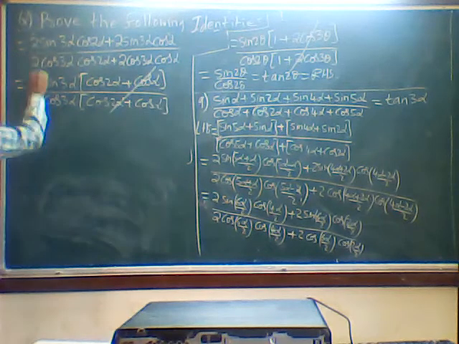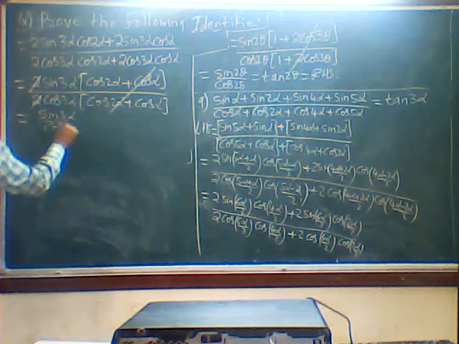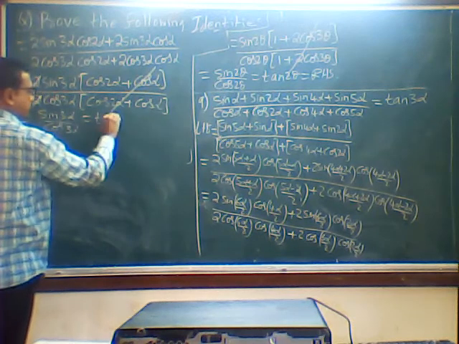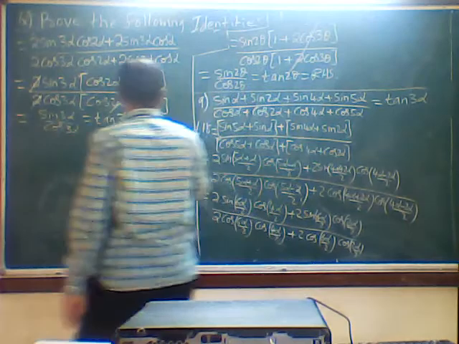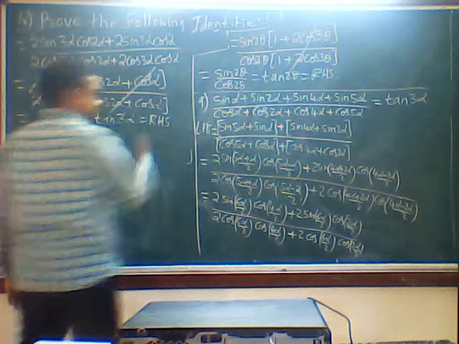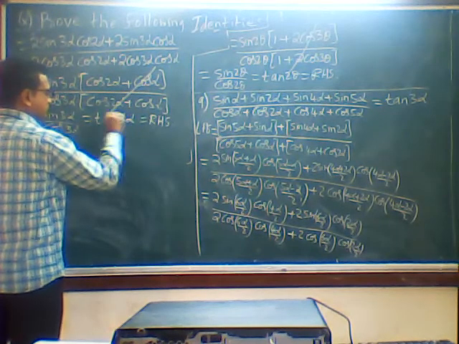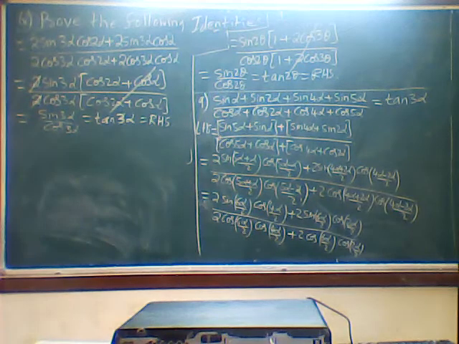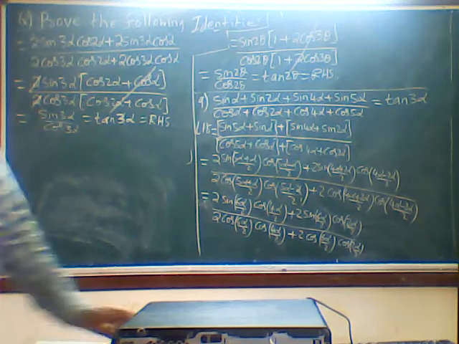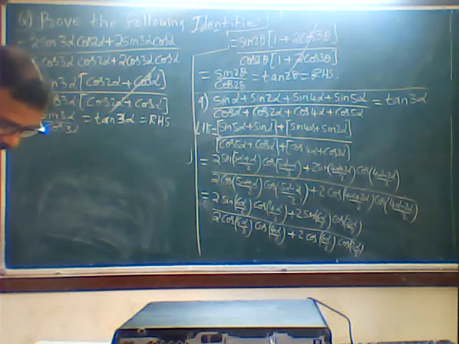This bracket will get cancelled, but 2 sin 3 alpha divided by 2 cos 3 alpha is nothing but tan 3 alpha, that is what we have been given. So that was with 4 things. Fine.